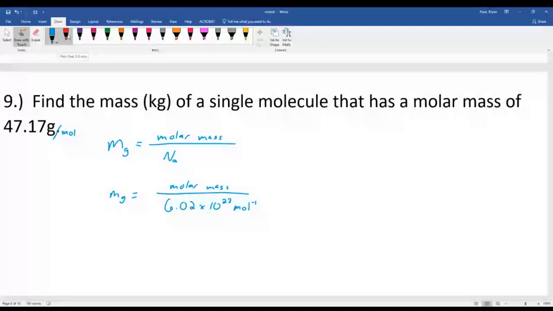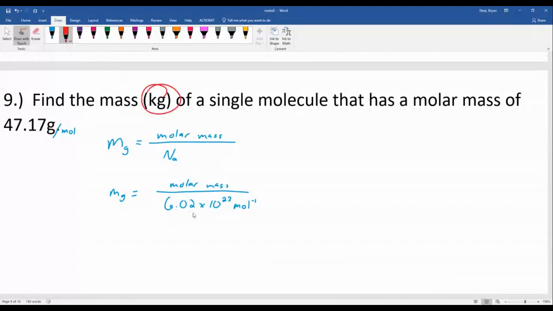Now, the one problem we're going to run into is that we want kilograms, and we need to learn how to do this so we can do the next question. And so what's going to happen then is that if we're dealing with grams and we want to go to kilograms, then we can slightly adjust Avogadro's number.